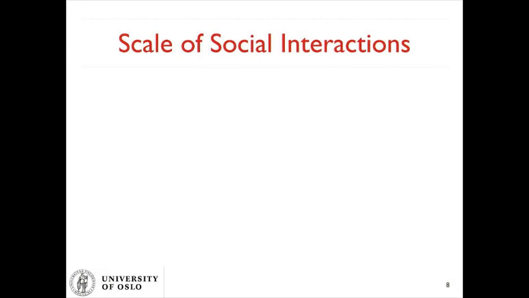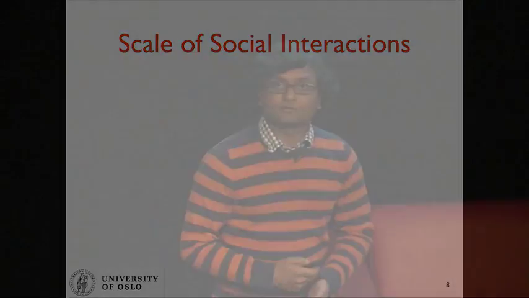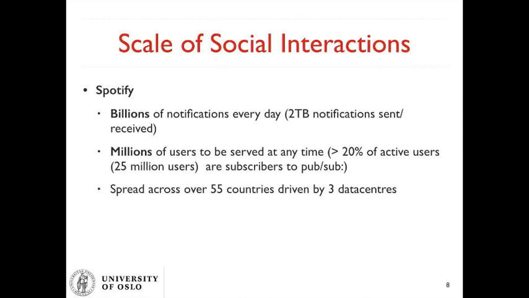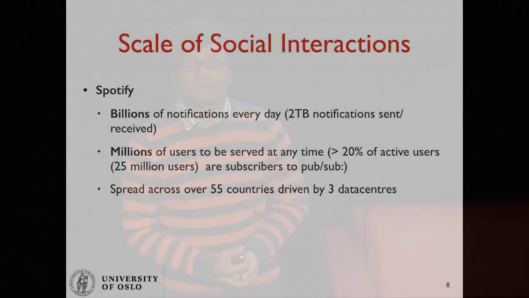I don't think I need to motivate much that social interaction is of large scale these days. Just to give you some perspective, in Spotify, there are billions of notifications being delivered every day. It amounts to more than 2 terabytes of data being sent into Spotify data centers and delivered back to the users.